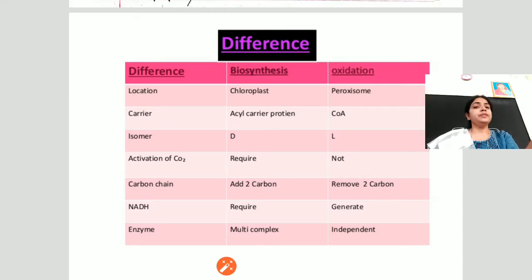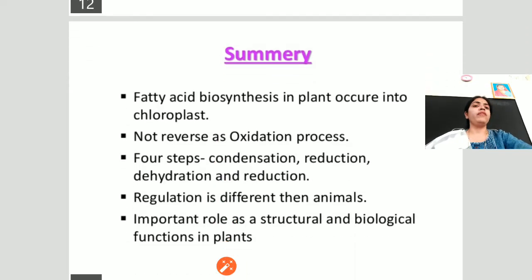In biosynthesis, a 2-carbon compound is added, and in oxidation, a 2-carbon compound is removed. NADPH is required in biosynthesis, and in oxidation, NADH is generated. Biosynthesis of fatty acids requires a multi-enzyme complex, the fatty acid synthase complex, present in the stroma of the chloroplast, and oxidation is independent of such an enzyme complex.